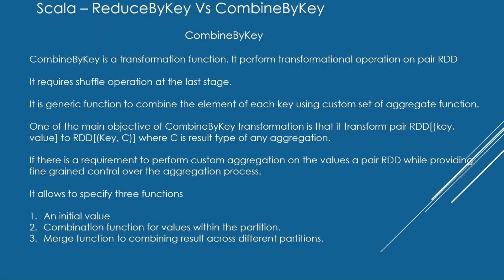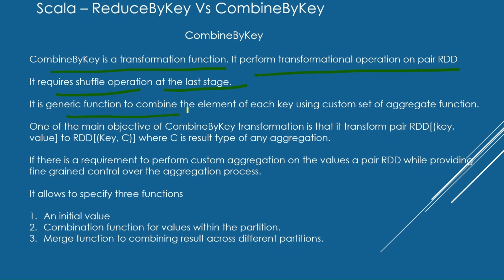Let's discuss the combineByKey function. The combineByKey function is a transformation function, and it performs the transformation operation on the pair RDD. So whenever we want to perform combineByKey, the input data must be a pair RDD, and the data must be in key and value pairs. It also requires shuffle because it's a wider transformation, but the good thing is that it requires the shuffle at the last stage.